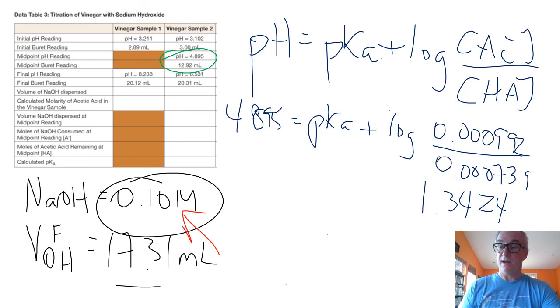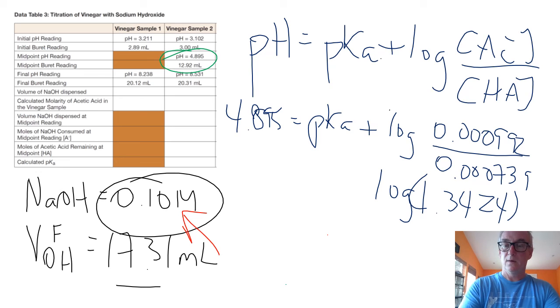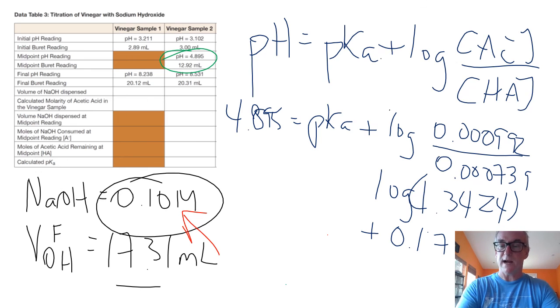So I go to my scientific calculator, or to the website that I showed you, and plug in log of 1.3424, and it spits out 0.1279. So it's a small number, and it should be, pretty close to 0. It'll be either slightly positive or slightly negative, but a small number.